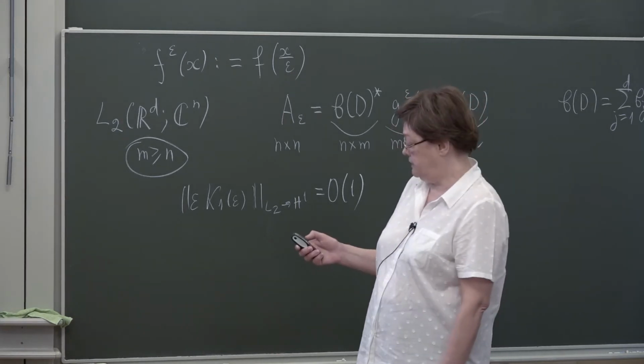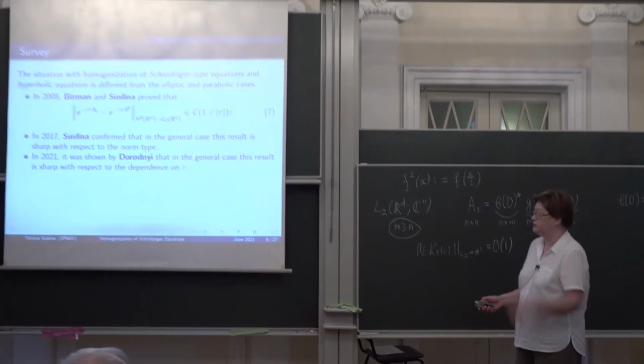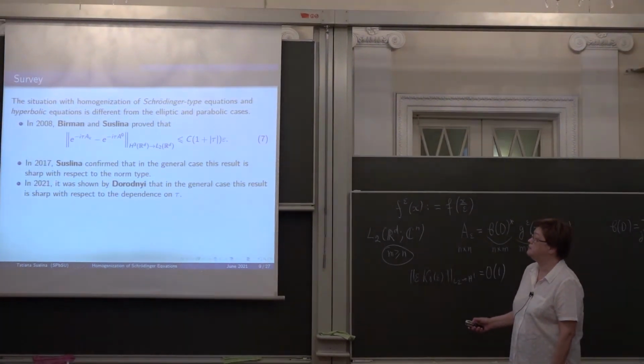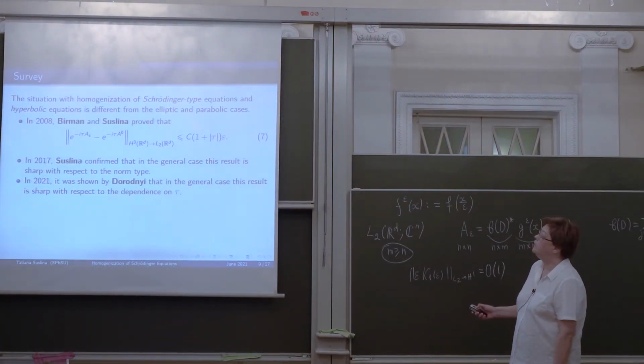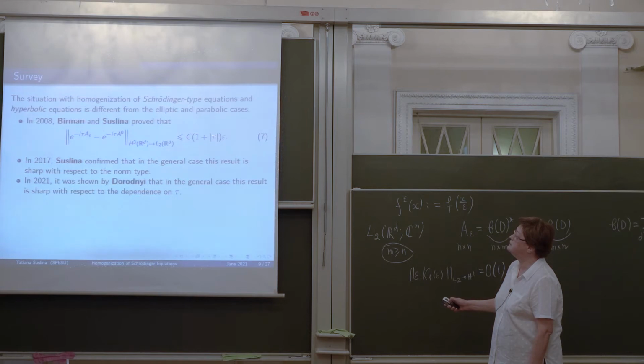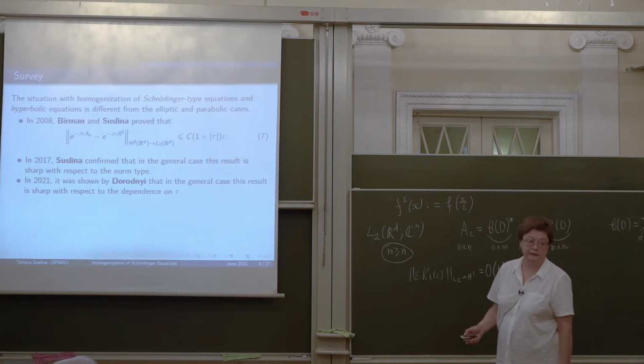And quite recently, it was shown by Mark Dorodny, who is here, that in the general case, this result is also sharp with respect to dependence on tau. One cannot replace this factor by some power of tau which is less than 1.